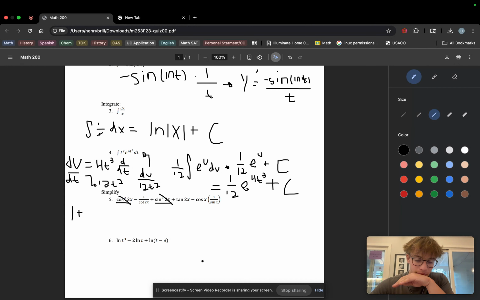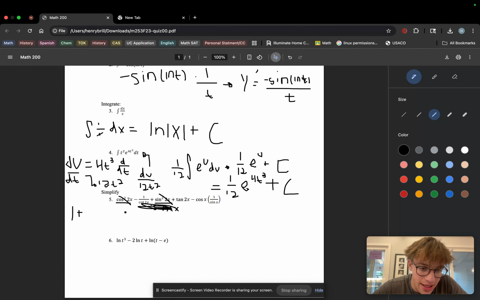Now we got minus cotangent, which is the same as cosine over sine. Actually, sorry, to do this even quicker, we know 1 over tangent is cotangent, so 1 over cotangent is tangent, because they're inverses.